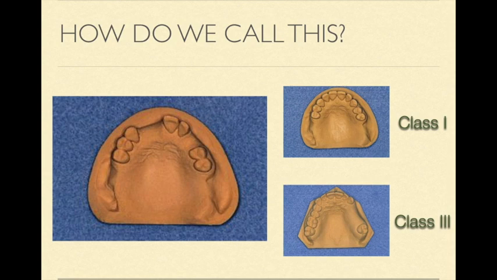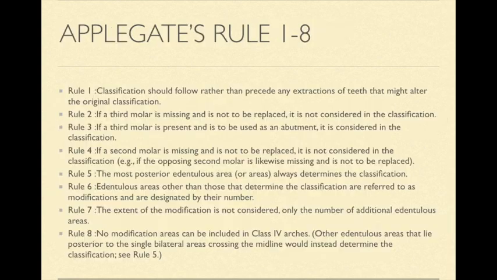That's Class 3. So how should I call it? Should I call it Class 1 and Class 3? Or should I call it Class 4 to add it all together? Or should I just call it Class 1 or Class 3? So that's a problem. So Kennedy classification is not available for all the cases right now.